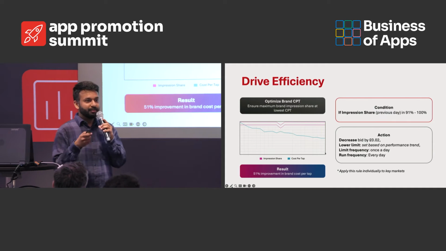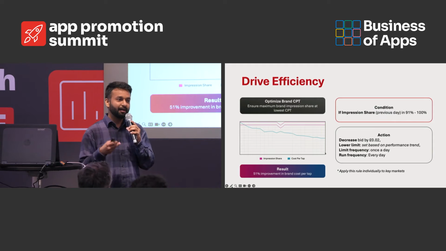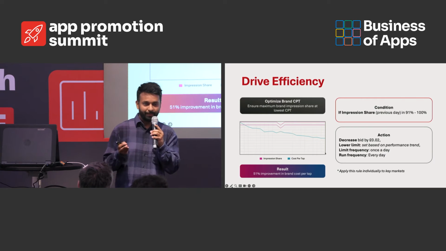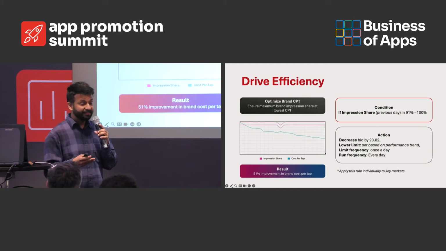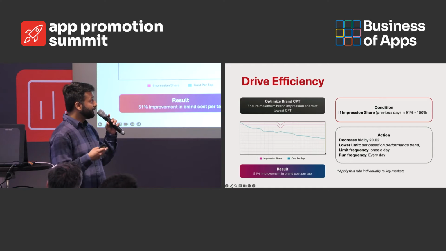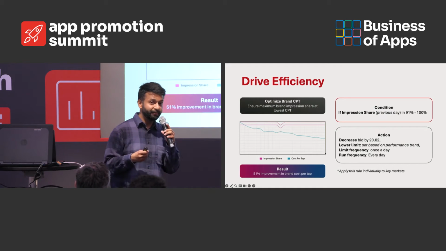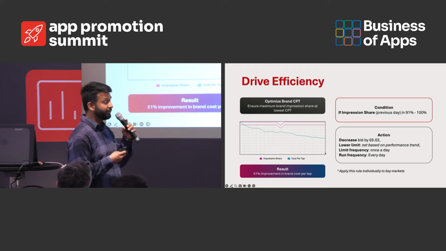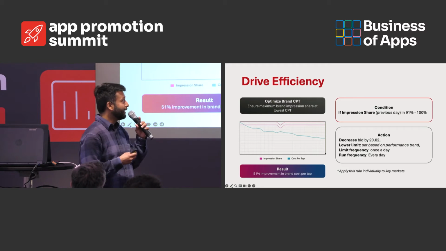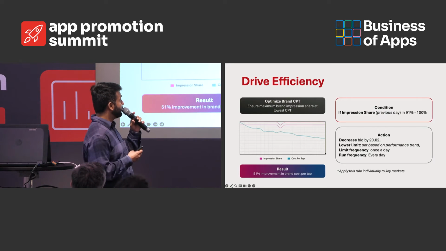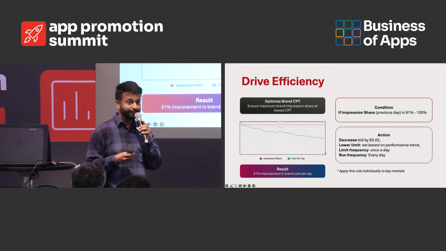So you should keep testing if you let other apps have your impression share, whether or not they'll be able to afford that traffic. By building this automation rule, you can create a condition where if your impression share in the previous day is in the range of 91 to 100%, then this automation rule will decrease your keyword bid.